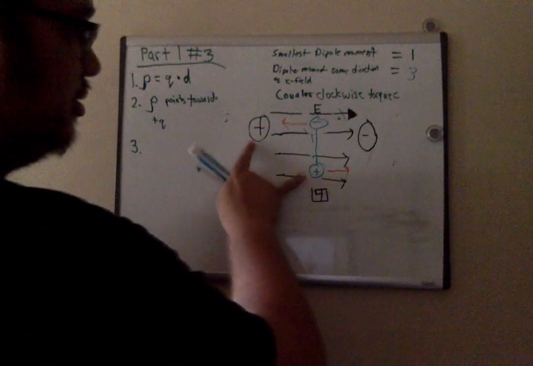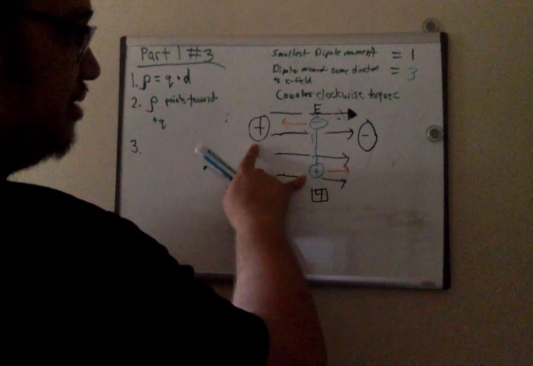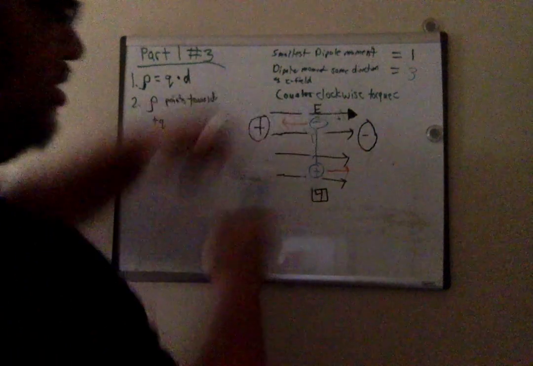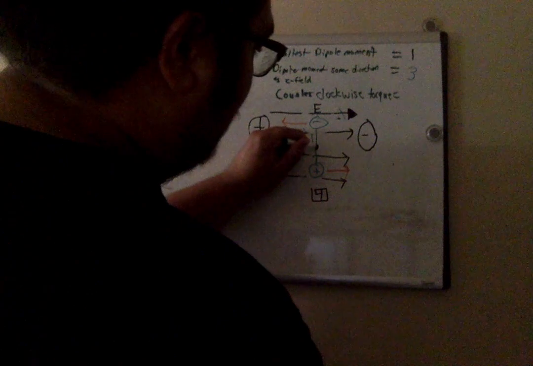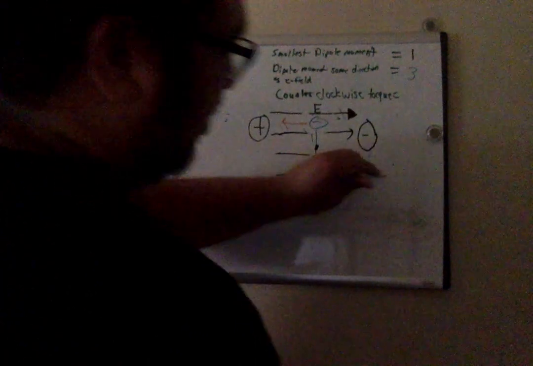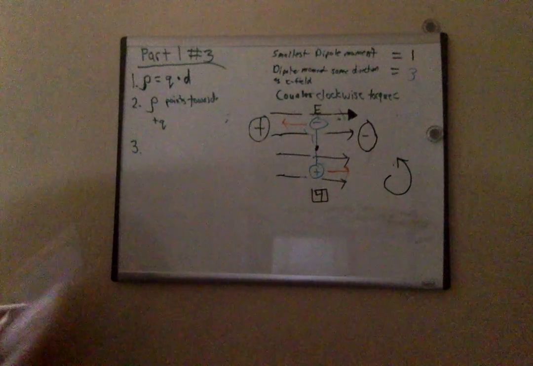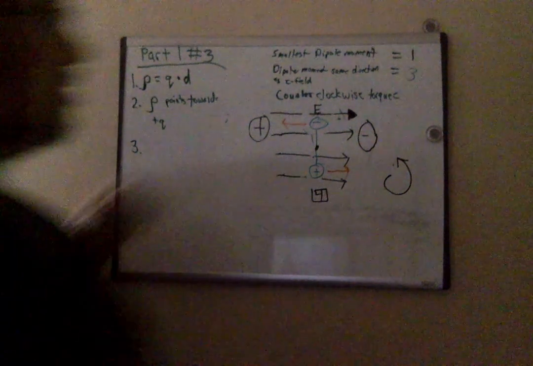Here, the charges are the same, therefore they'll repel, so the force will be in the other direction. If this is the axis of rotation of the dipole, it's going to spin counterclockwise due to the electric field. Therefore, that is number 4.